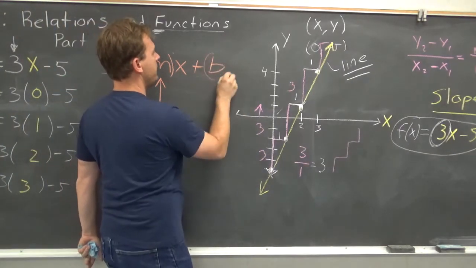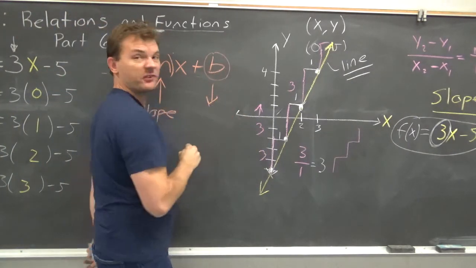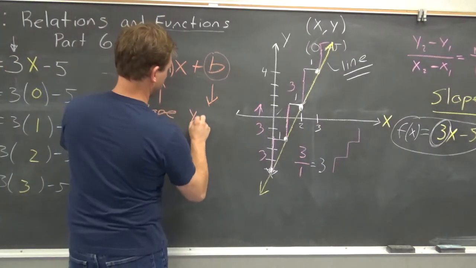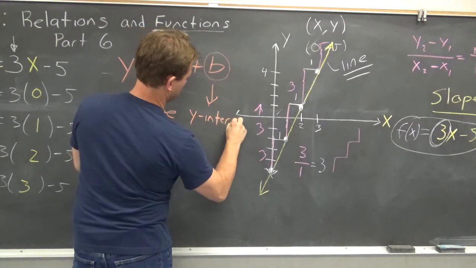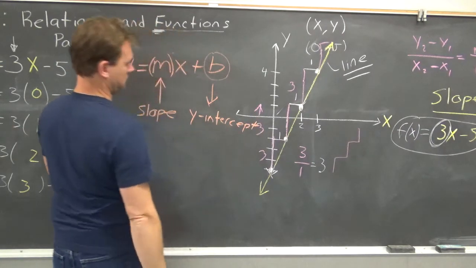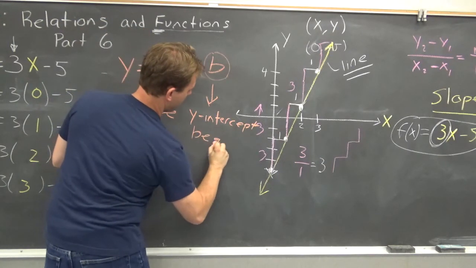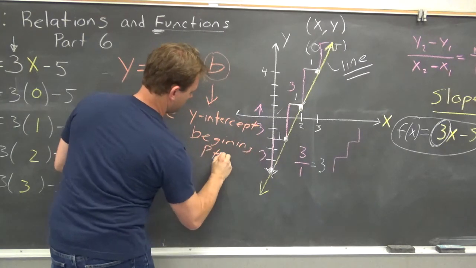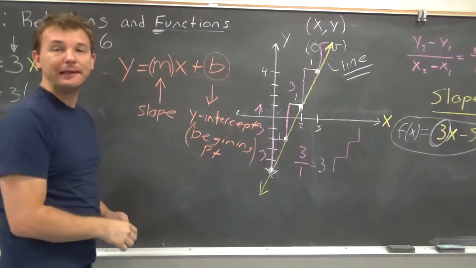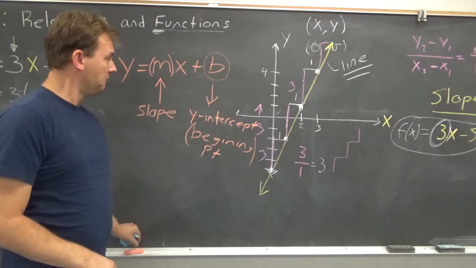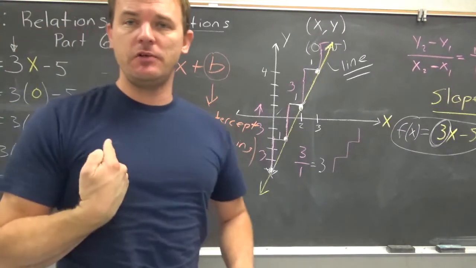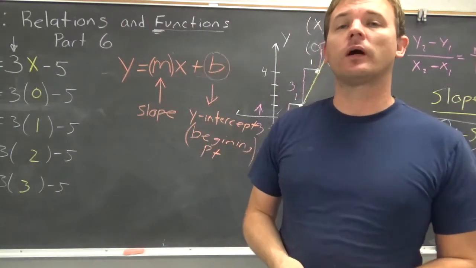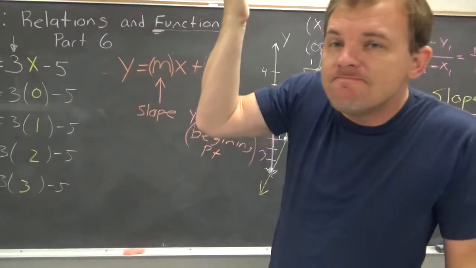And this guy right here is for next time. It's called the y-intercept, or you can think of it like our beginning point. But that's our equation. And sometimes you see it on my shirt. That equation is pretty much what we're going to be working with from now until the end.